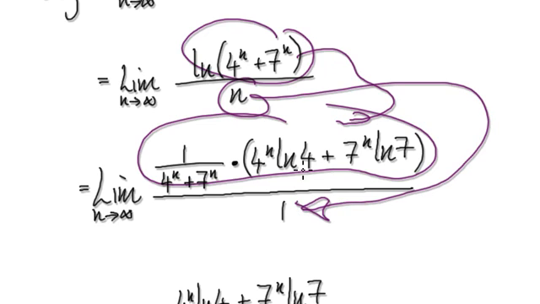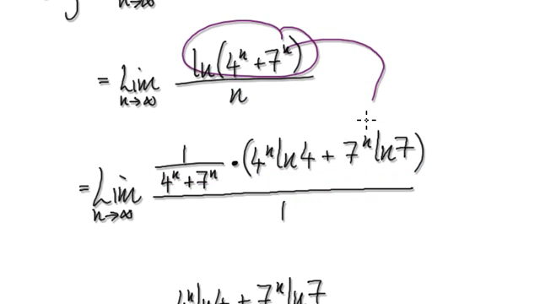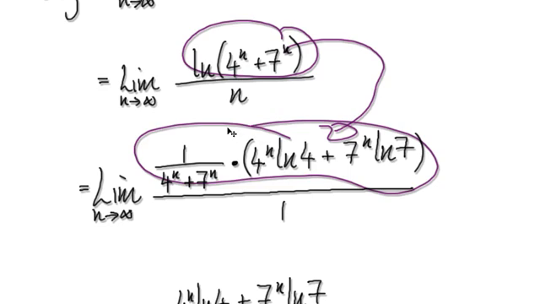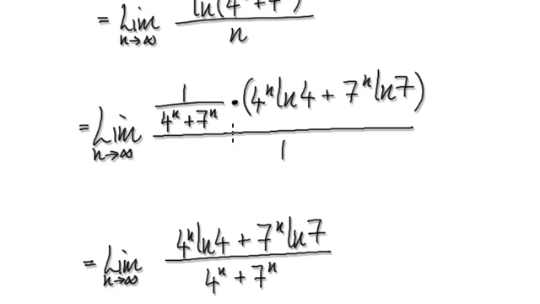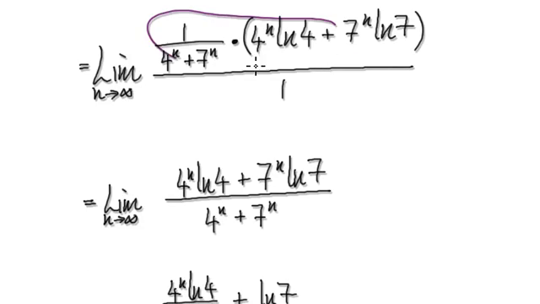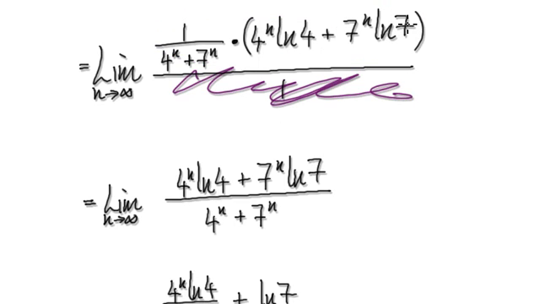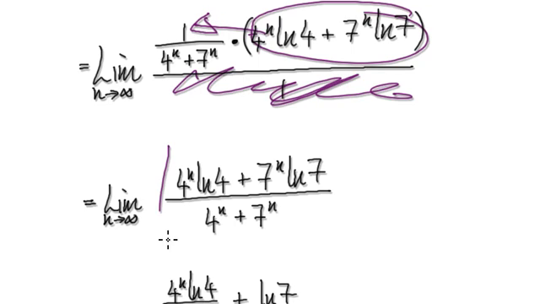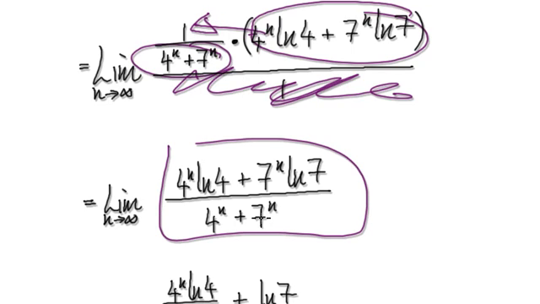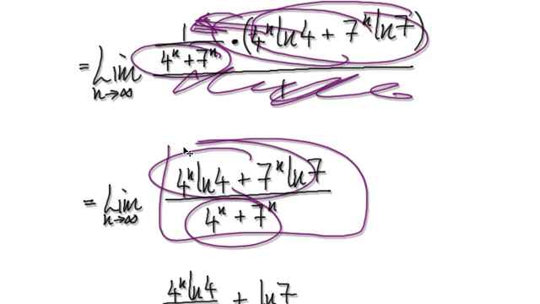Differentiate this, it will then give you this thing here. You should know how to differentiate this by now. Okay, so now you've got something over 1, let's just forget about this over 1. And then this thing here gets multiplied to the top of the fraction. That will then give you this. So this bit here is this bit, and then this gets multiplied to the top, giving you this.